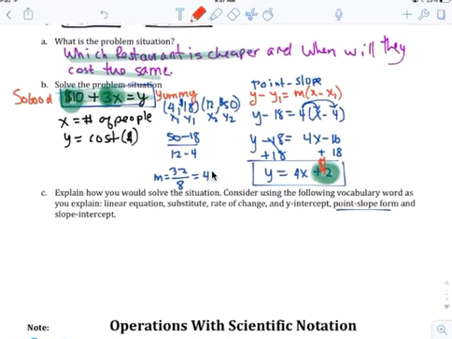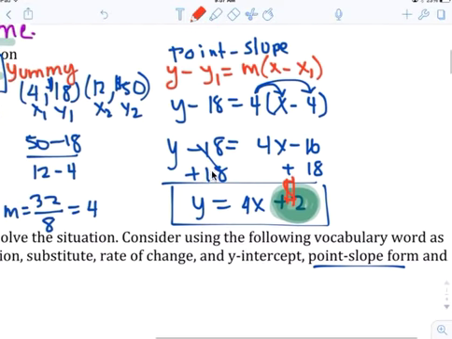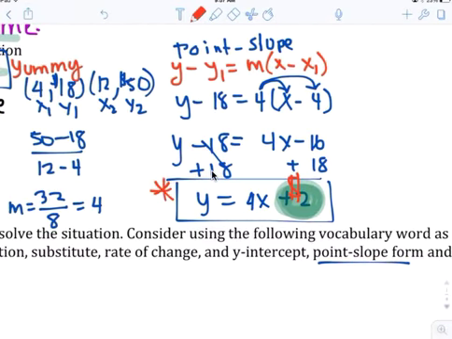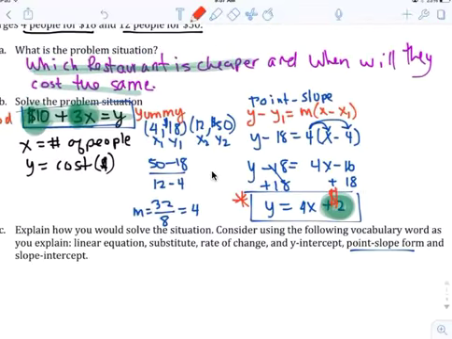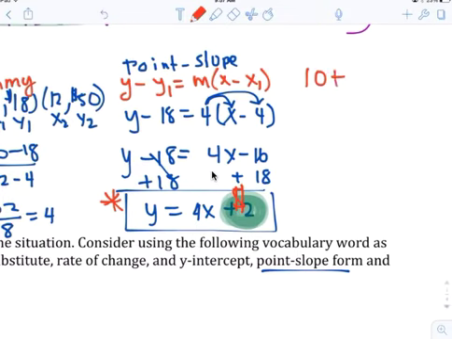To find the break-even point, you set the equations equal to each other. This slope-intercept form has to equal this slope-intercept form. So 10 plus 3x has to equal 4x, by using substitution where y is, okay?